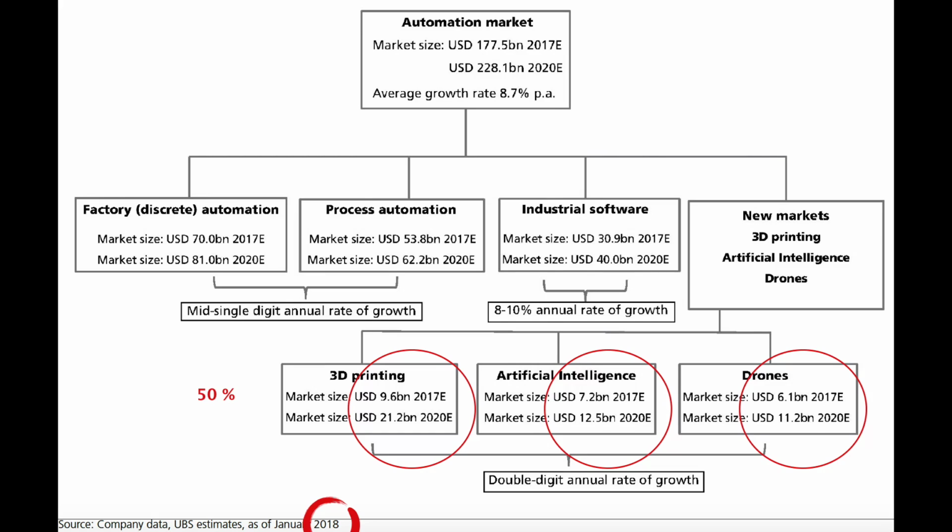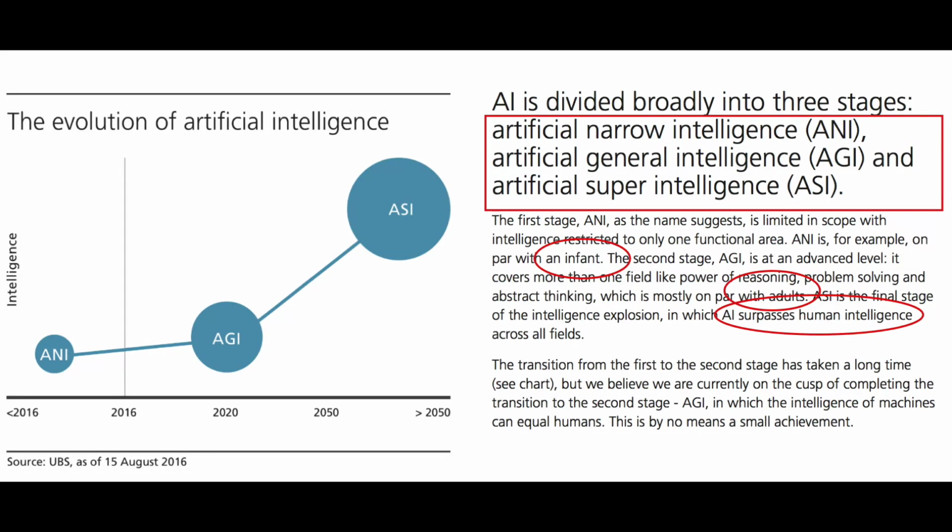In this bank report, we can also see a very neat and clear understanding of what artificial intelligence could be. And it predicts that artificial superintelligence, which could be reached somewhere around 2050, is already something that surpasses human intelligence.